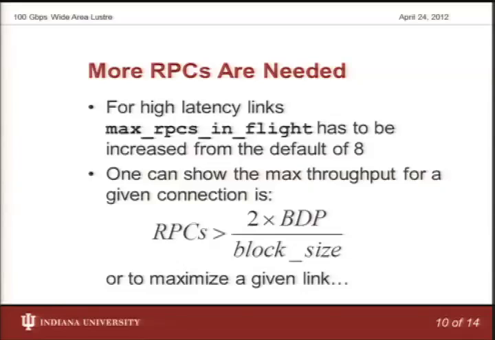For our setup, that was about 5,000 RPCs, which isn't a huge number, but when you're considering that it's coming from 30 clients, you need to set the max RPCs in flight pretty high on each client to achieve that.